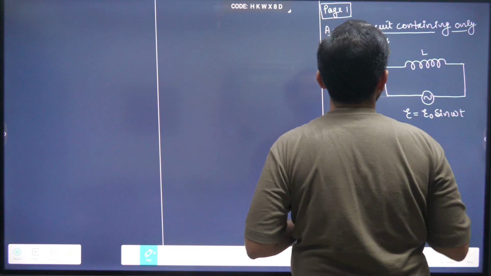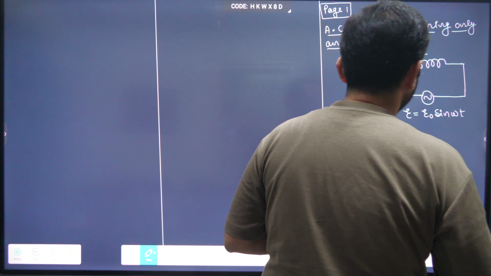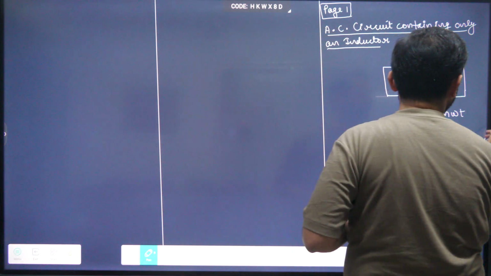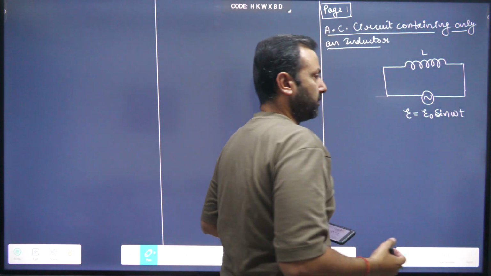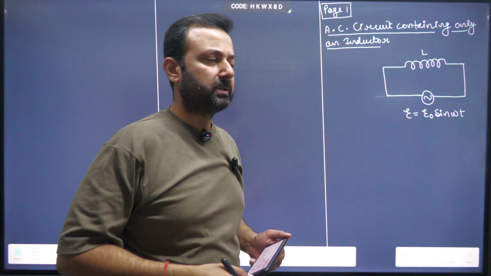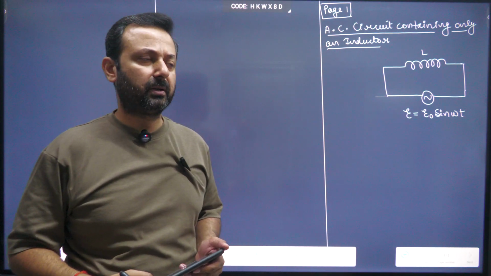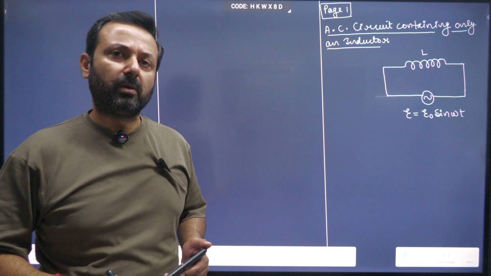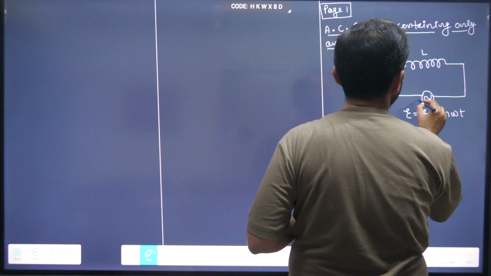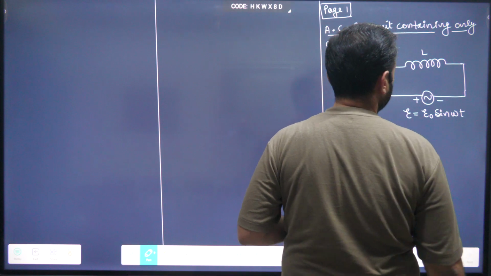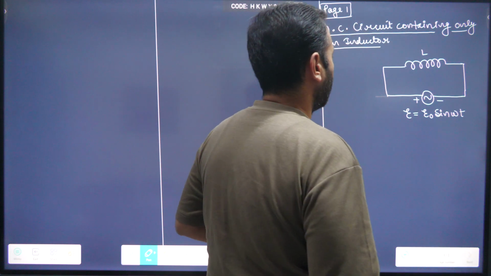This is L. L is inductor. Now, we always take one terminal as the positive terminal and another terminal as negative terminal of any voltage source or battery. So we are taking this terminal as positive terminal and this terminal as negative terminal.